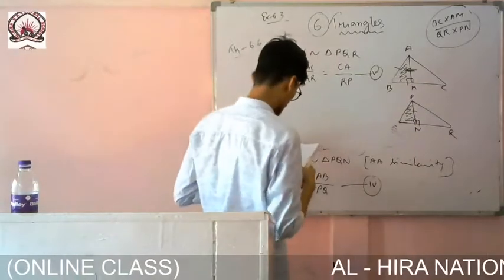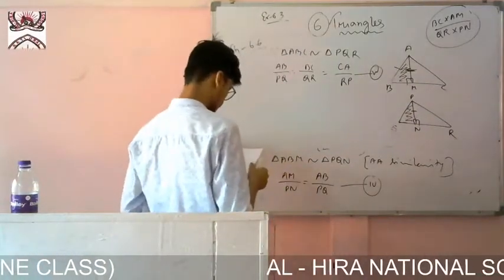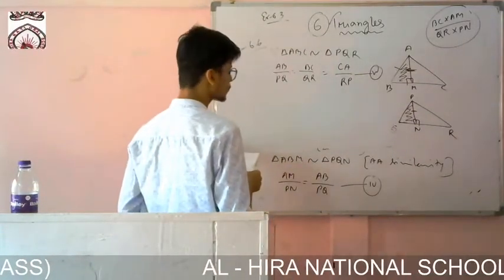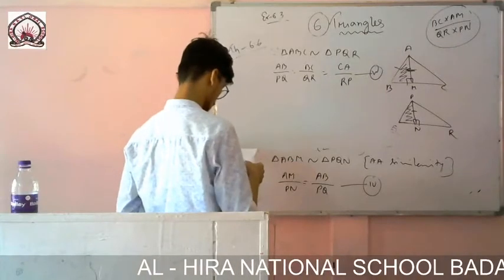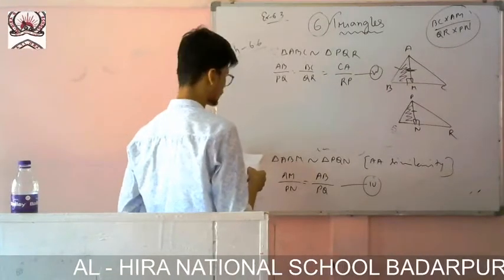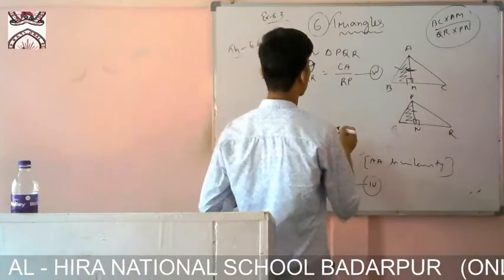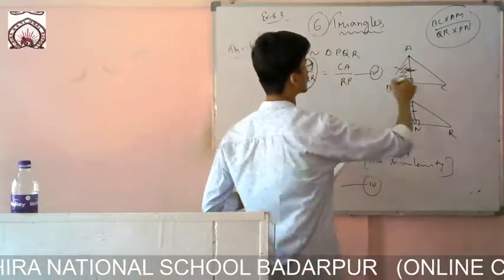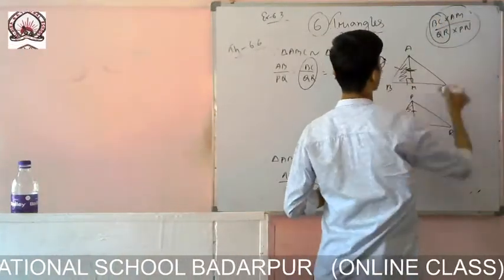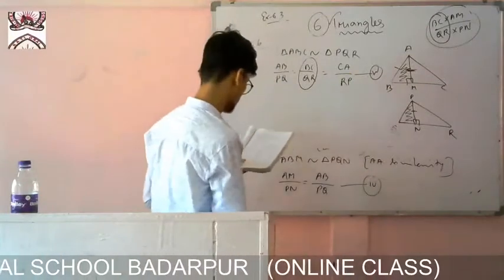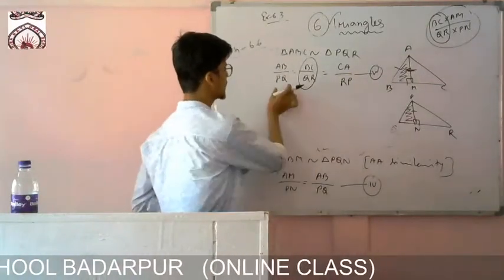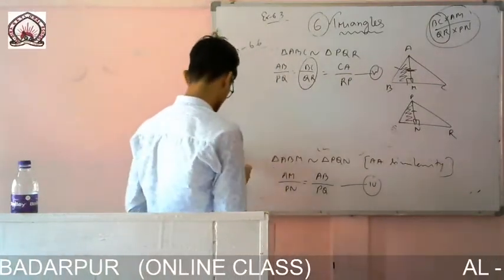Now what was our equation 3? In equation 3, BC by QR is there. So if I replace it by AB by PQ, no problem.